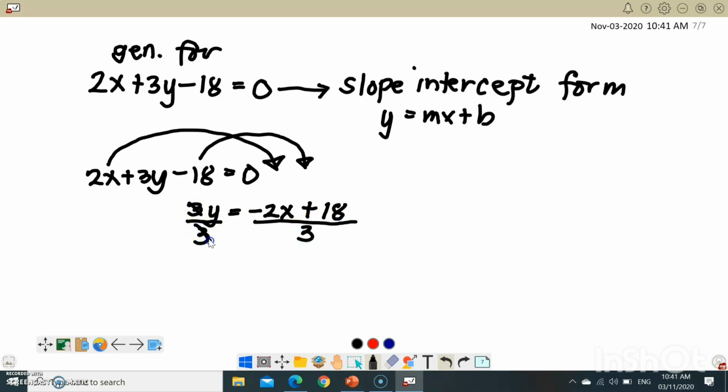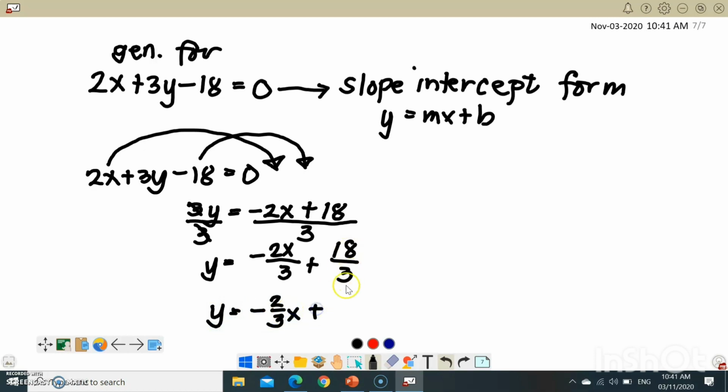So y = -2x/3 + 18/3. y = -2/3 x + 18/3, which is equal to 6. And you have now transformed the given linear equation in two variables from general form to slope-intercept form.